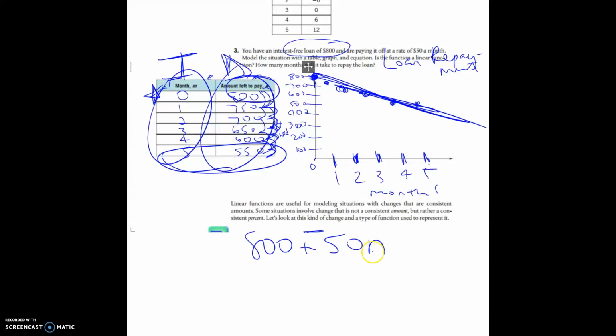So I would need to have 5 sets of that. And again, this is definitely linear. And it is a negative correlation. So the more months I pay money, obviously my debt goes down because I'm slowly paying off my loan.